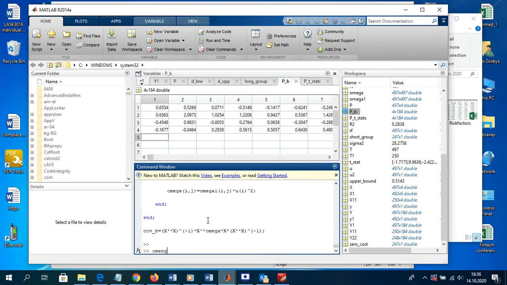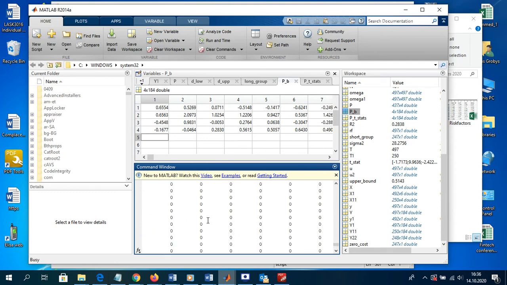Let's first of all check our omega. Yeah. We see here on the main diagonal we have the squared residuals. Let's take, for instance, omega 1,1, which is the first element in our omega matrix. It's 10.5. So the first element in our residual vector is 3.24.